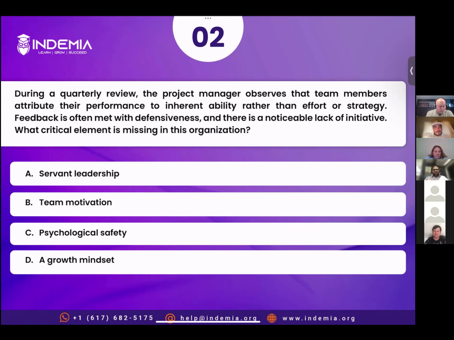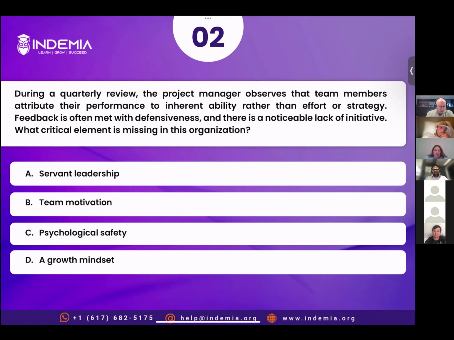Psychological safety. What is psychological safety? Psychological safety is a concept, for example, fear of being judged or fear of having negative consequences. So there is no such indication in the question, like there is a fear of judgment, or a fear of being punished or something like that.